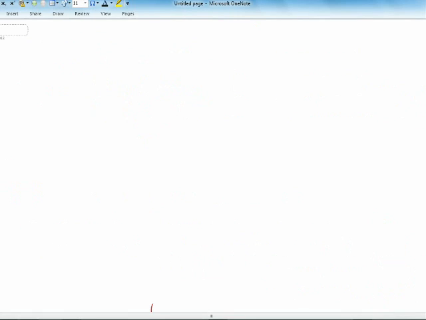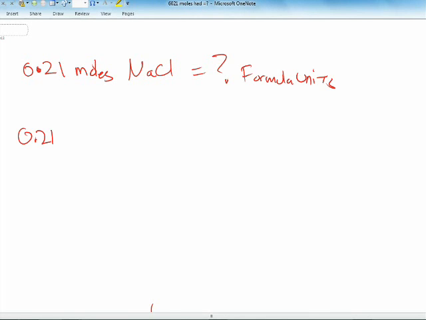Let's look at one more. If we had, say, 0.21 moles of sodium chloride, how many formula units would that be? Just again, take our roadmap, so we want to label everything, put it over 1.